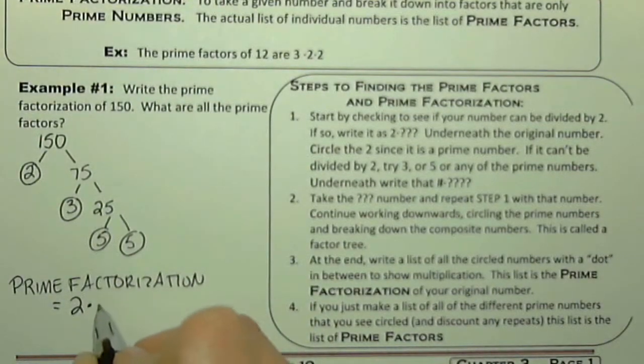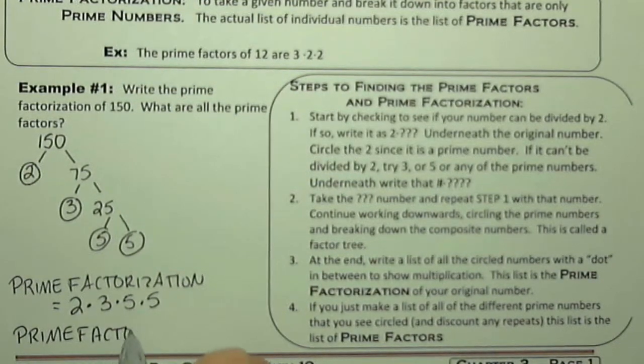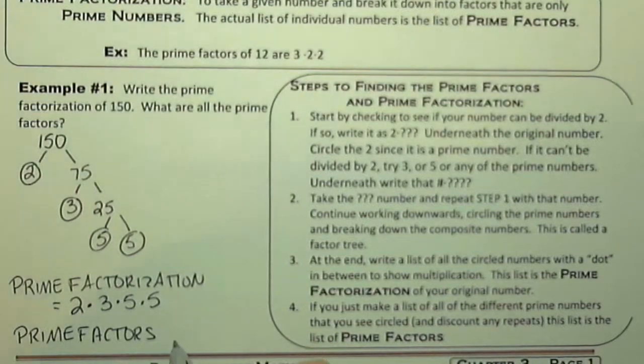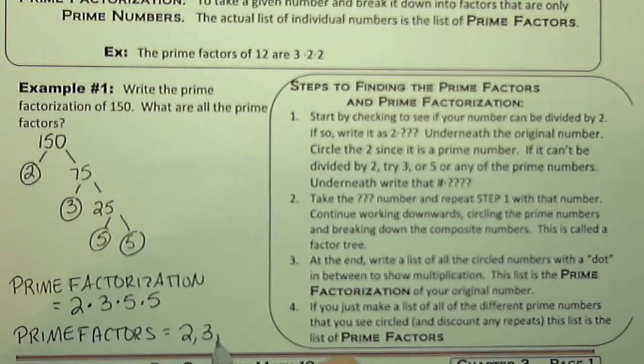We're going to use the dot. 2 times 3 times 5 times 5. The next question asked for what are the actual prime factors. Well, the prime factors are, there's a 2, there's a 3, there's a couple of 5s, but all I care about is that there is actually a 5.